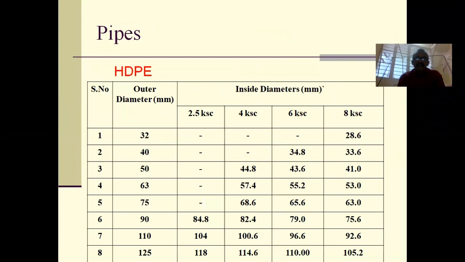So depending on the pressure with which we operate our sprinklers, we should select the sprinkler pipes. Obviously, the lower pressure rating pipes, say 2.5 kg/cm² pressure pipes, will have a lower cost than 4 kg/cm², then 6 kg/cm², and then 8 kg/cm². 8 kg/cm² will have the highest cost.